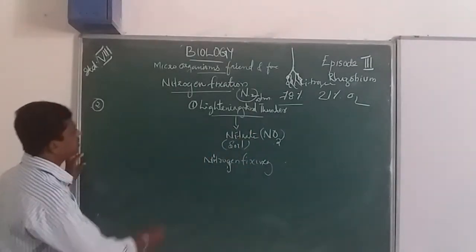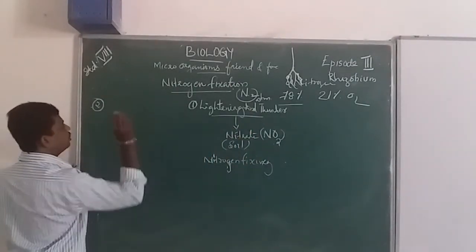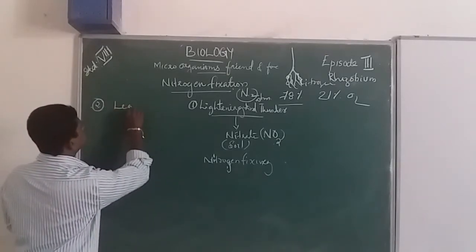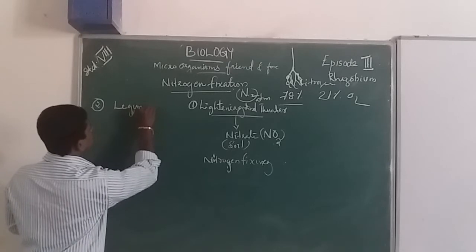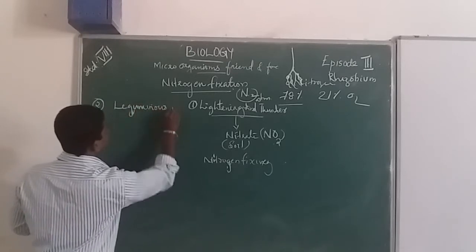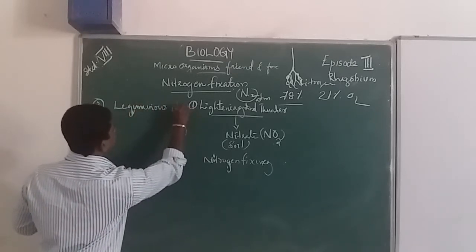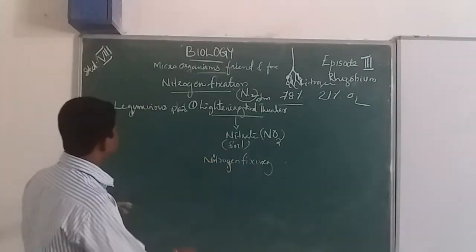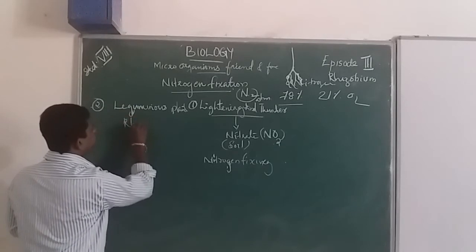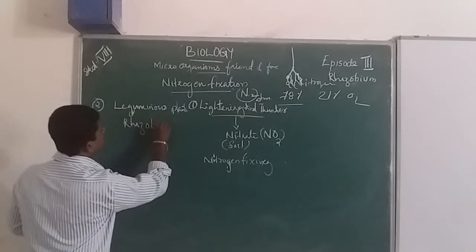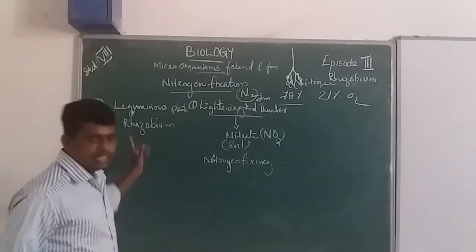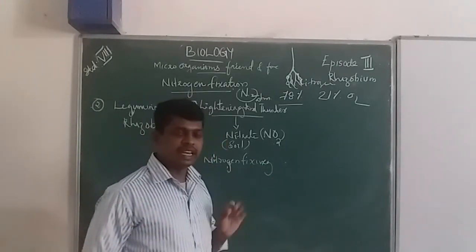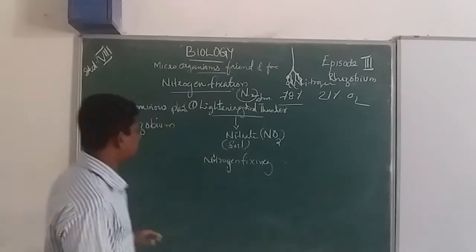The second method is the working of leguminous plants with the help of bacteria called rhizobium. So this rhizobium bacteria is otherwise known as nitrogen fixing bacteria.